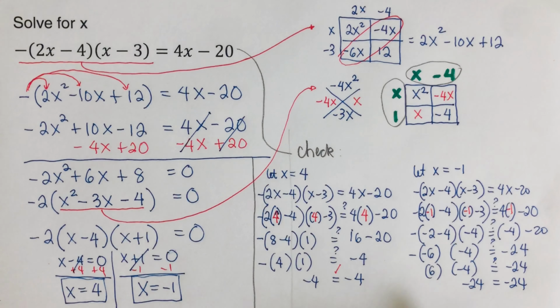So as you can see here, both sides are equal to negative 24. And so we go ahead and say that this x equals negative 1 is a solution to this equation that we have here.